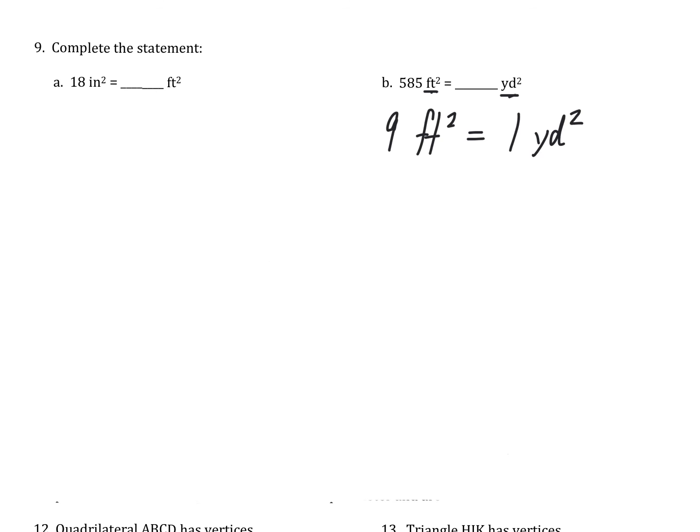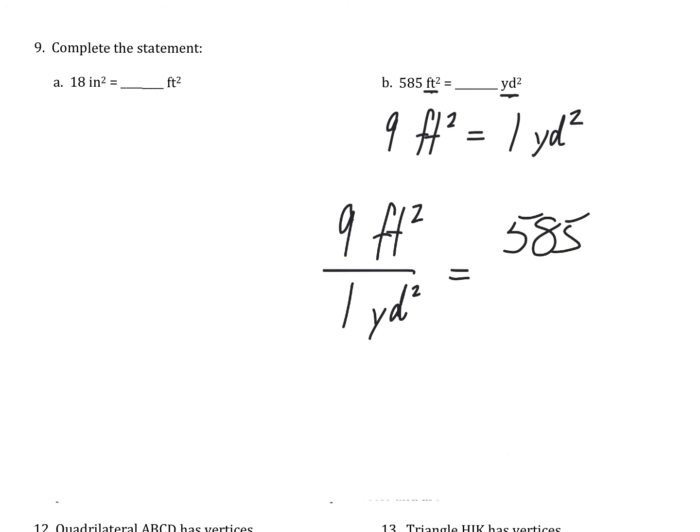So now that I have my conversion rate, let's set up our proportion. So we already determined that 9 feet squared is comparable to 1 yard squared. And let's set that equal to the 585 feet squared that they're asking about over x yards squared, because that's what I'm trying to figure out.